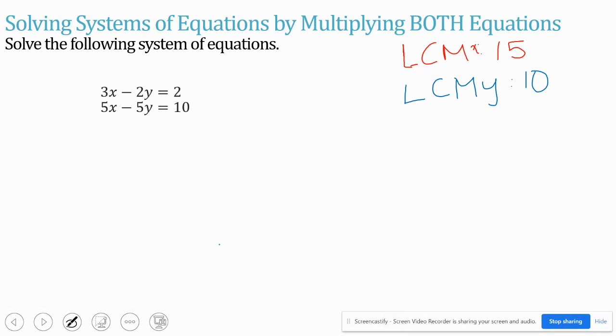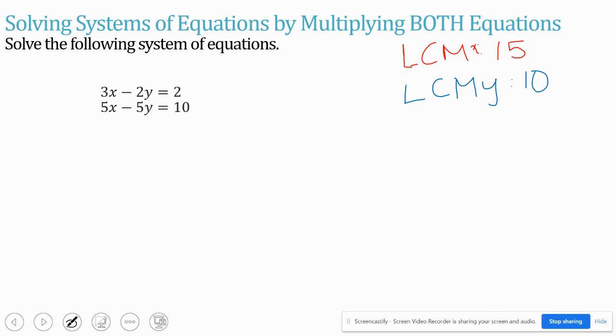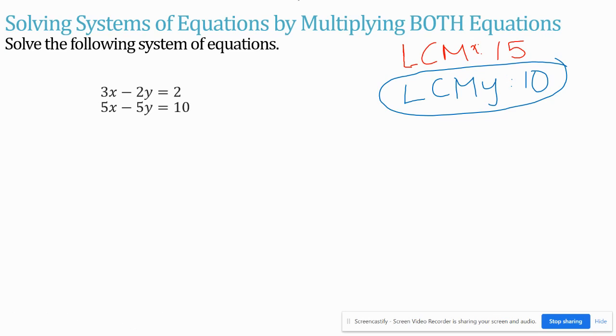So none of my equations contain either of these LCMs. There's no 15 here and there's no 10 here. So it comes down to just a matter of choosing which one you want to focus on. Last time I focused on x, so today I'm going to focus on y. I'm going to change both of my values into a set of additive inverses containing positive 10 and negative 10.